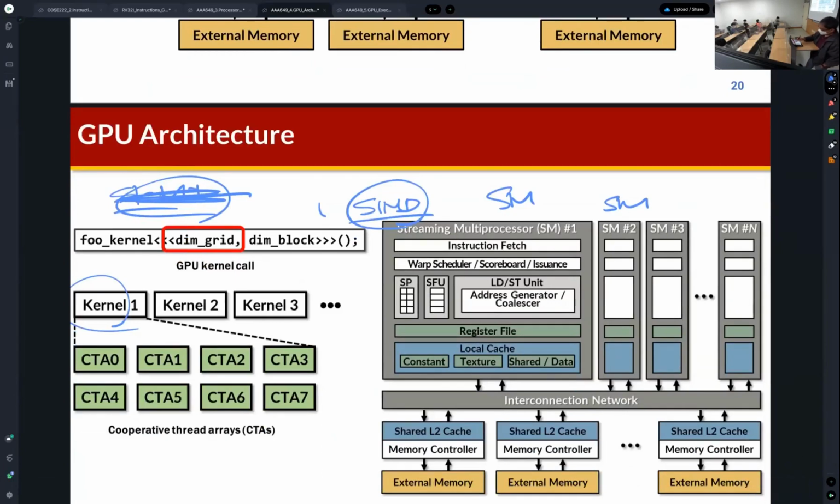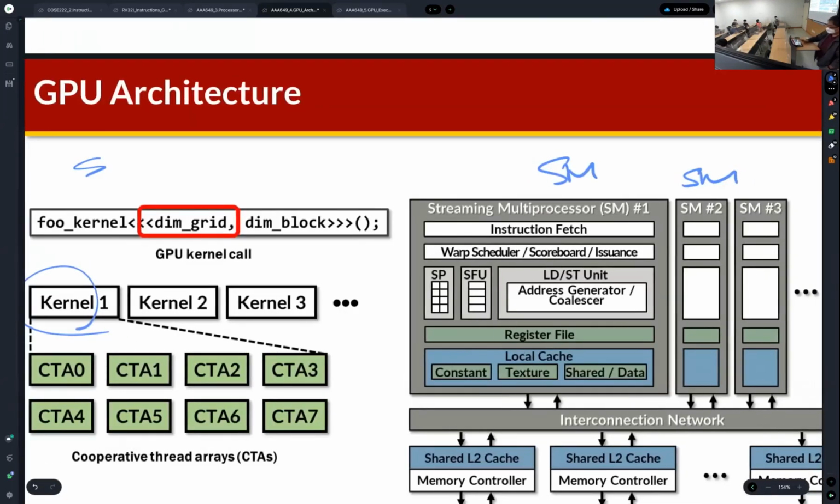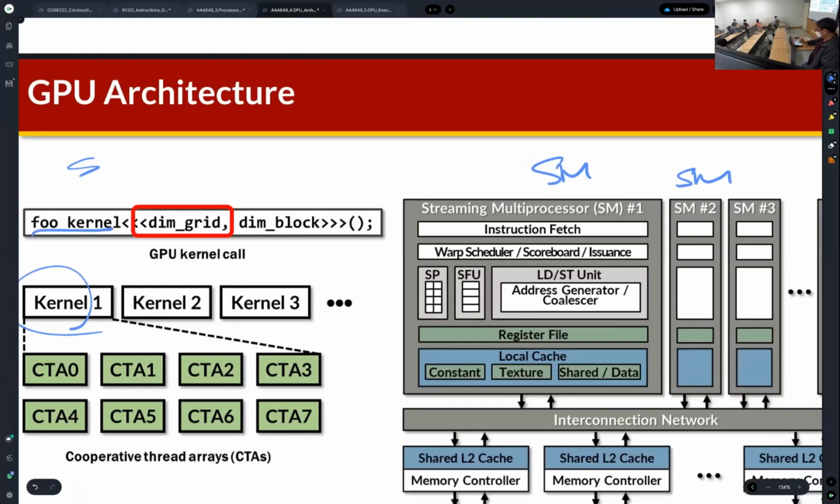If you see the kernel code of the GPU, this is the kernel definition. This is the kernel name, then you can also find the dimensions of the kernel, like the dim grid and dim block, and the arguments of the kernel here. So dim grid defines the number of thread blocks.